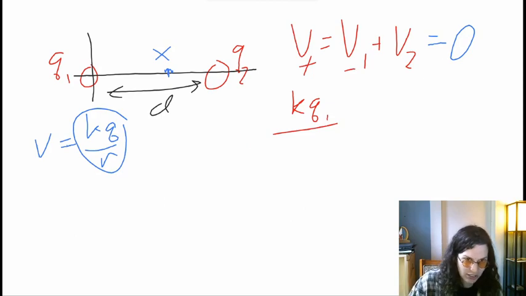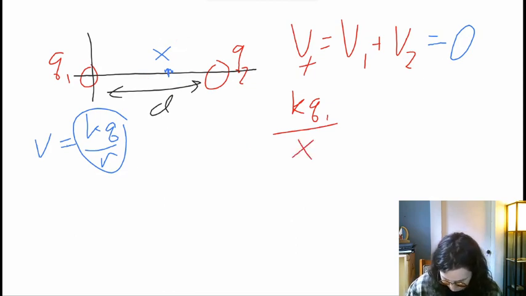The distance from the origin to whatever value x we have acting here as a variable is just x. Then the other consideration here is the distance from Q2 to X, which is just whatever X is minus the value D down here.